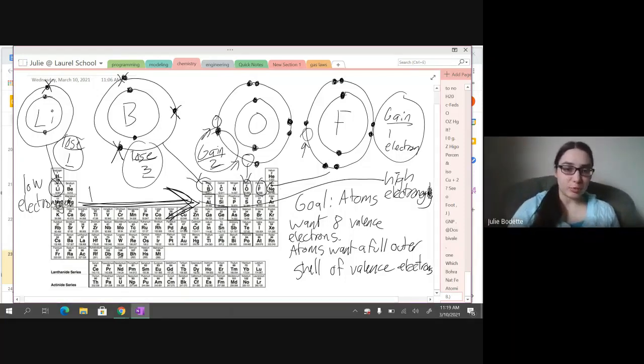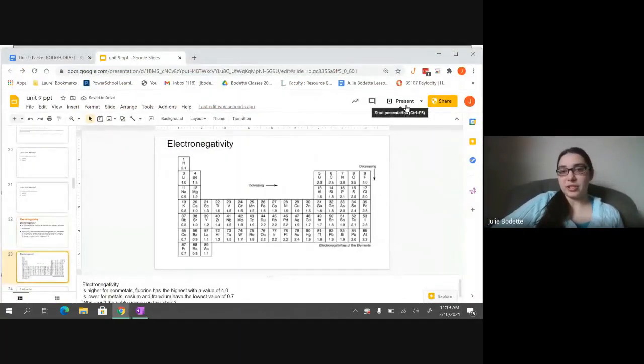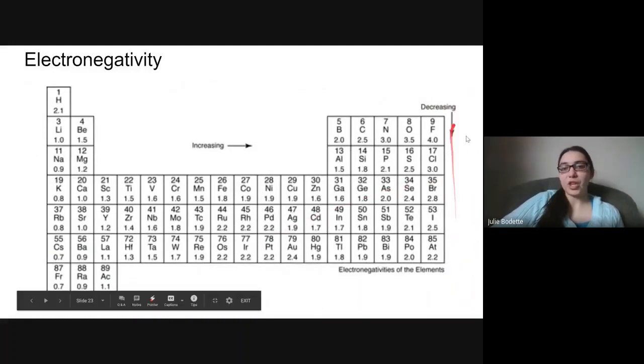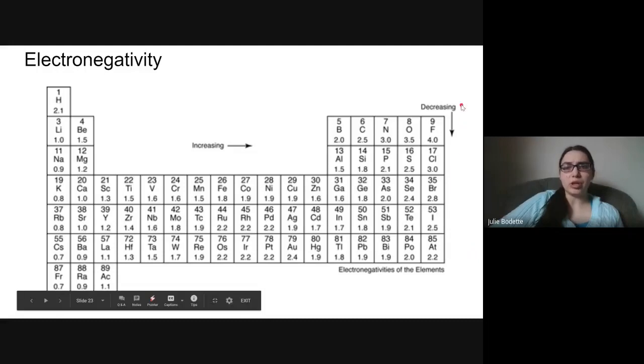I want to talk about the noble gases for a second, right? So these guys right here are the noble gases. And if we go back to our nice little chart with all of the electronegativities, you will notice they are missing. There are no noble gases on here. So we don't really think about the noble gases as even having electronegativities, or if they did, they would be really low, because the noble gases already have full octets, right?